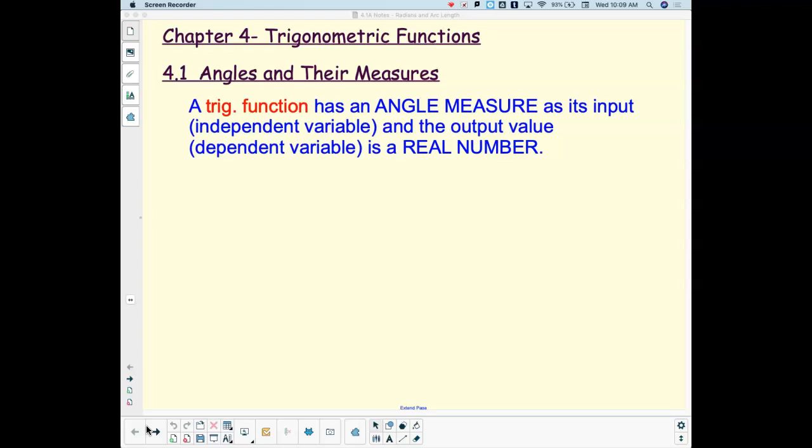So we're going to input angle measures, we're going to output real numbers. Give me a couple of seconds to finish writing down that slide.